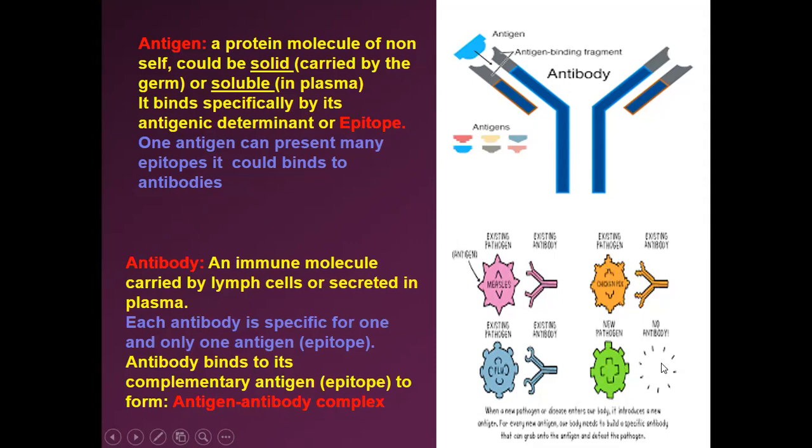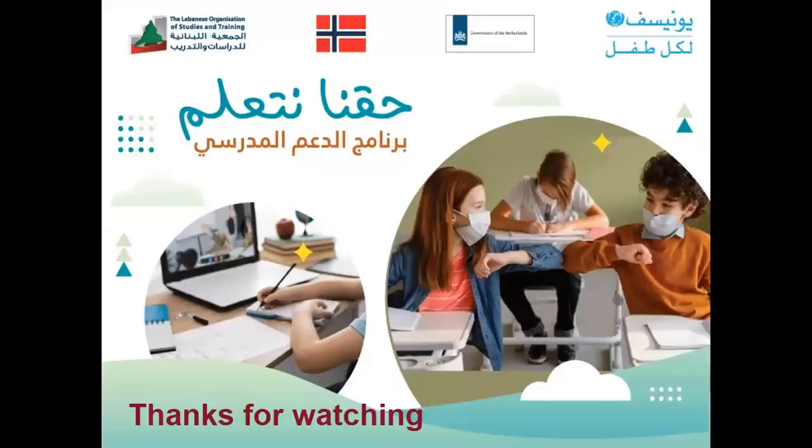Here we have no antibody, like coronavirus, for example. Until now we have no antibody that can fight this virus. So the immune system adapts and develops the antibodies that are able to neutralize and block the virus or the germ.